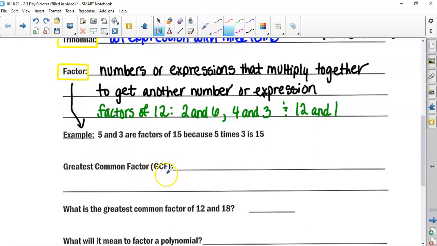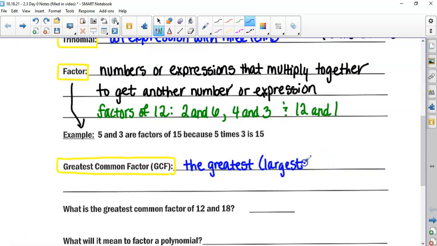Let's now talk about what is a greatest common factor, or GCF. We understand the meaning of factor, so what is the greatest common factor? The greatest common factor is the greatest or largest number. I should actually say value instead of number.